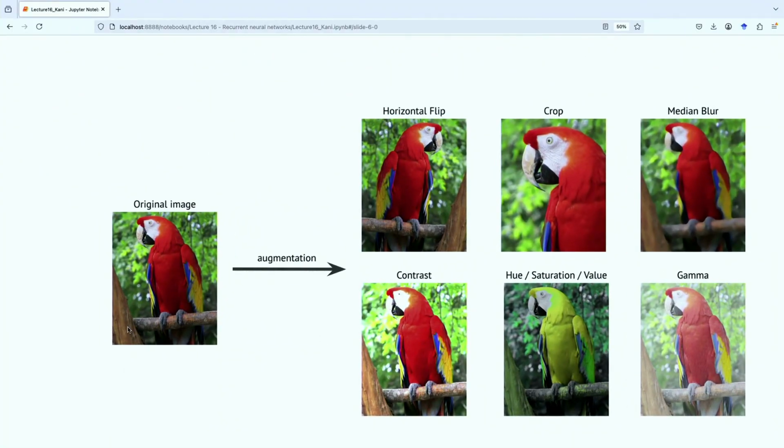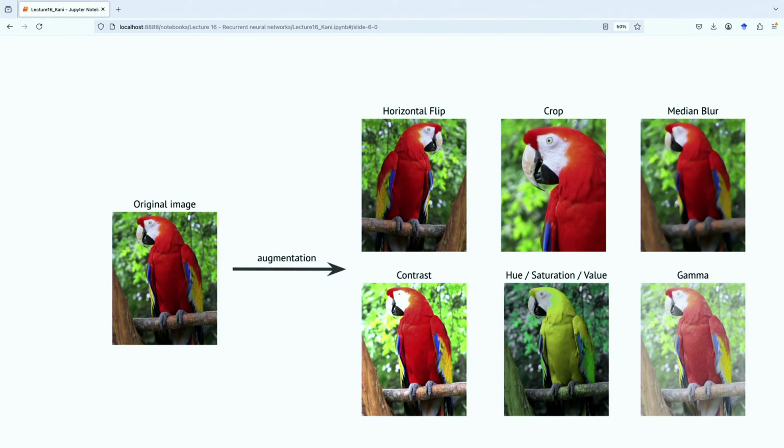The model is being trained to identify parrots. So we have this one image of a parrot looking majestic, which is great, but we can't train the model on this one parrot 100,000 times. So we need other images of parrots.